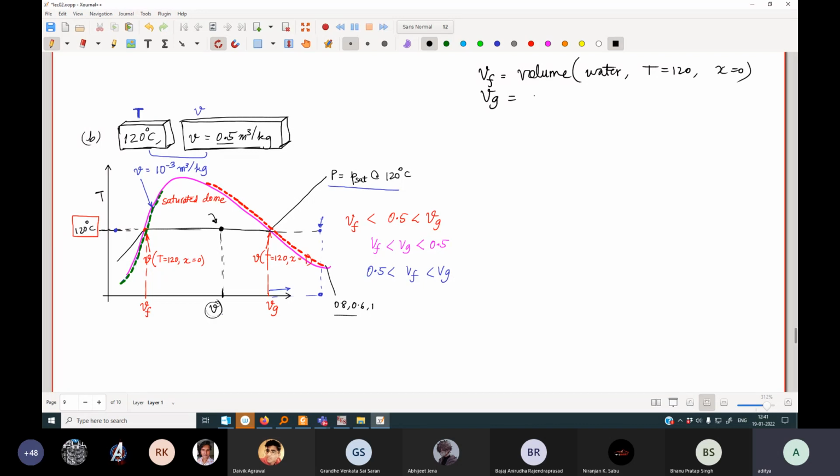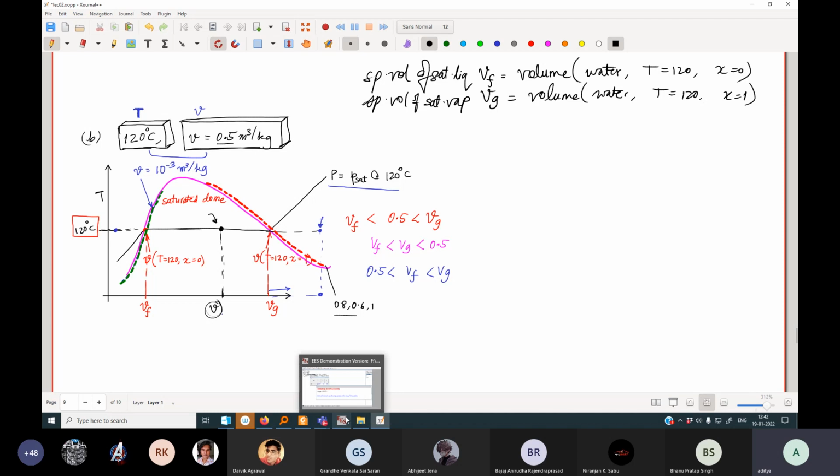We will also seek to find the volume of water at T equal to 120, x equal to 1. So this will be specific volume of saturated vapor. This will be specific volume of saturated liquid.